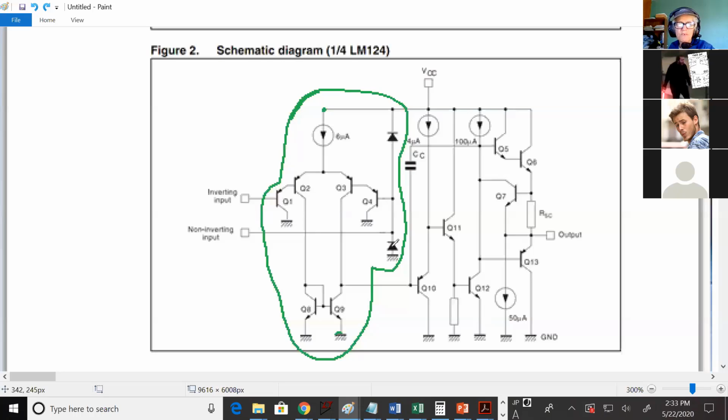Exactly. So if the non-inverting input goes 0.7 below ground, then the bottom diode will turn on. The top one will still be off, but the bottom one will be on, and it'll clamp it. It won't let it go too low, and it also gives a place for current to run. You know, when you touch your hair, you pull electrons off of it, and now you're depleted of electrons.